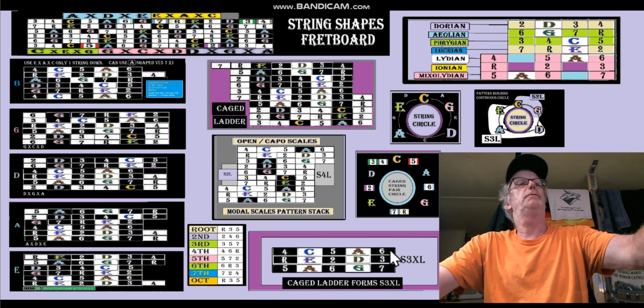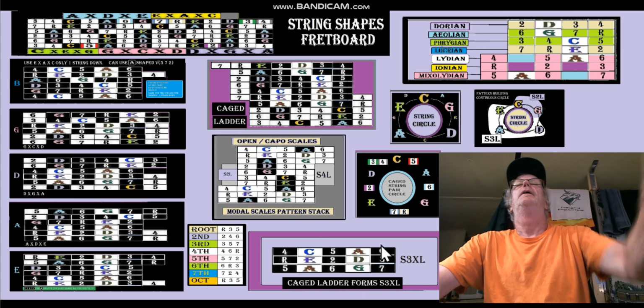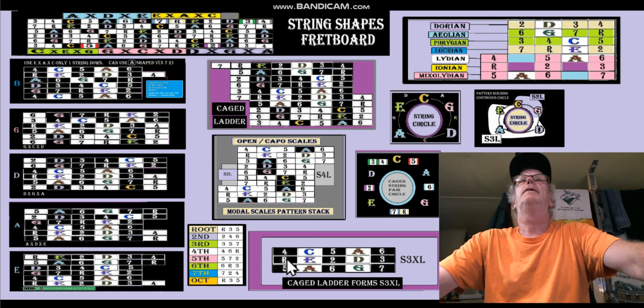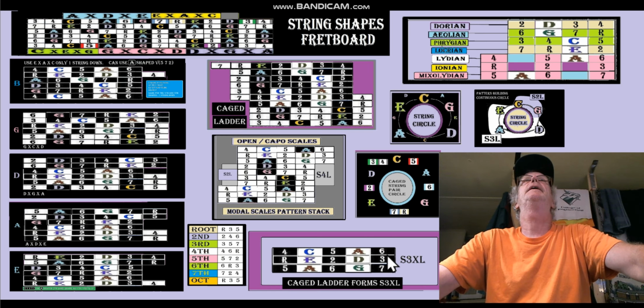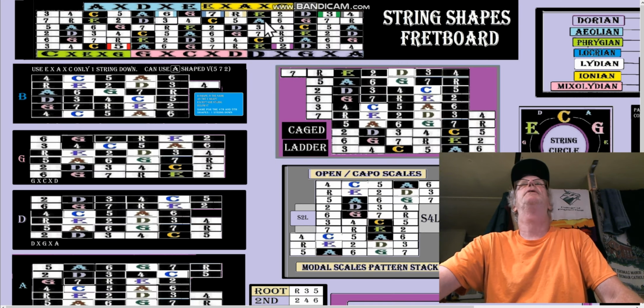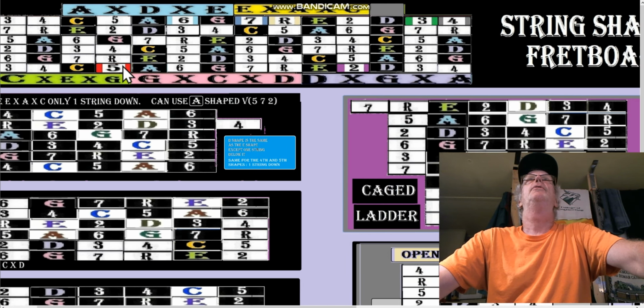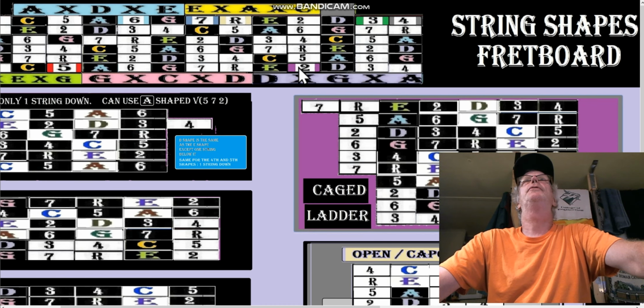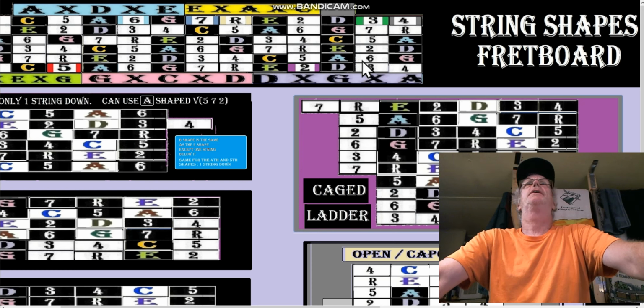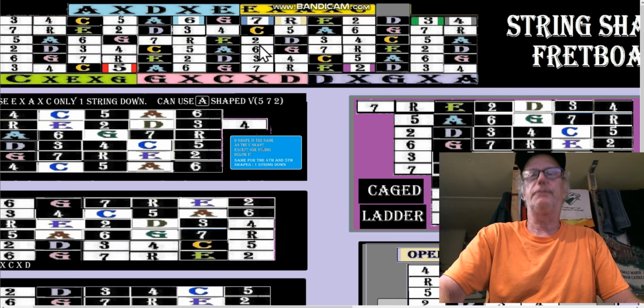You can start on root. Now when you go root 2, 3, we'll go up here and find it in one of our fretboards. So we start on root right here, root 2, 3, 4, 5, 6. Now if you don't want to go back into the string shapes there, and we wanted to start the pattern over again, we'd have to look, let's get a bigger fret.